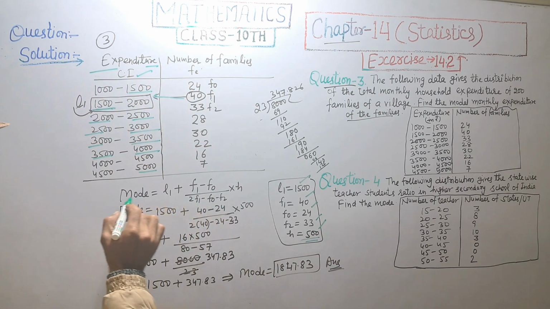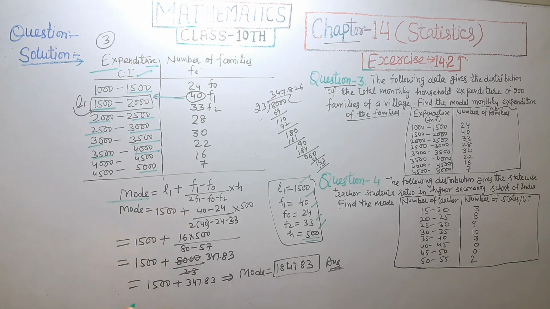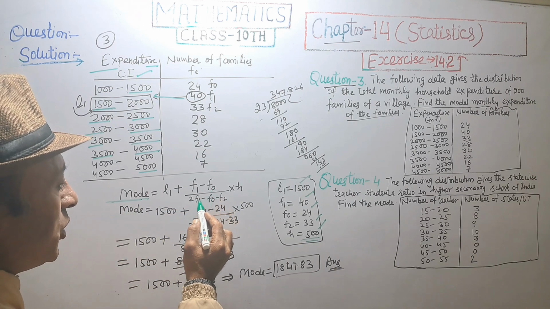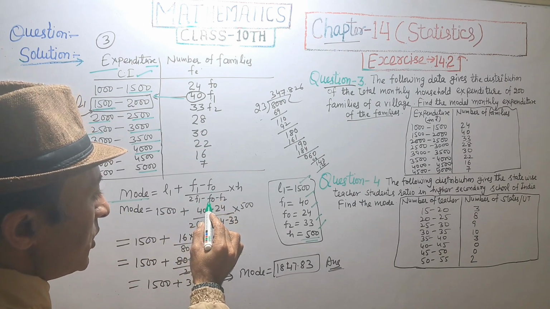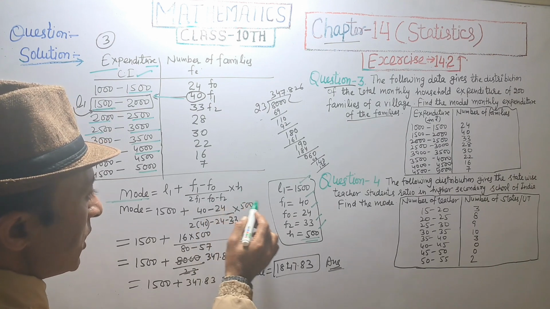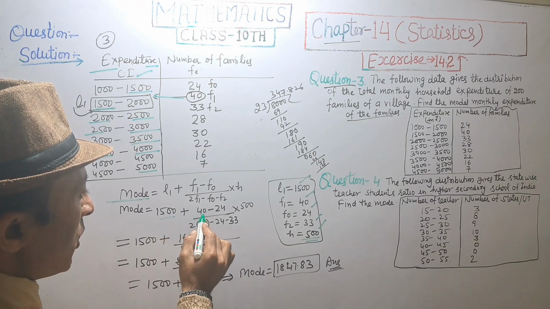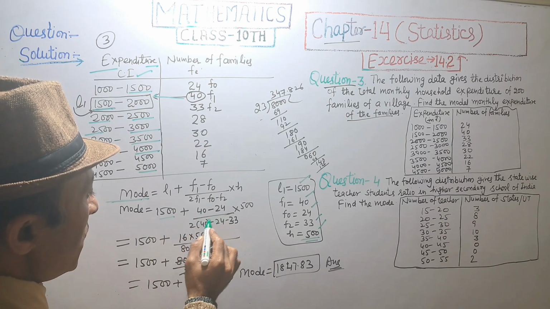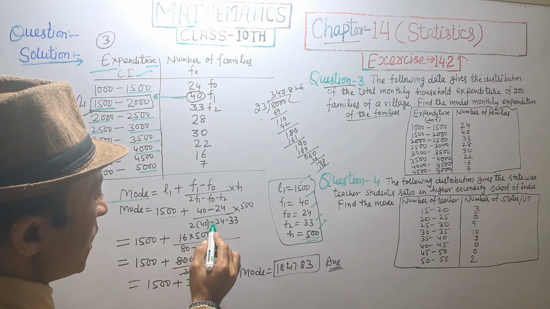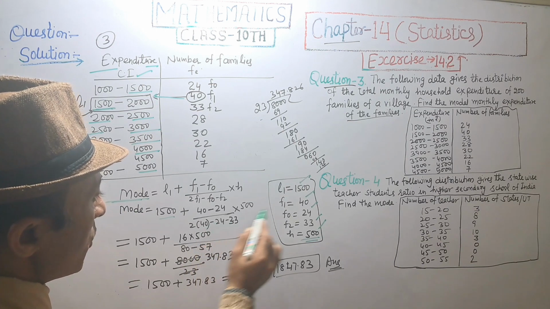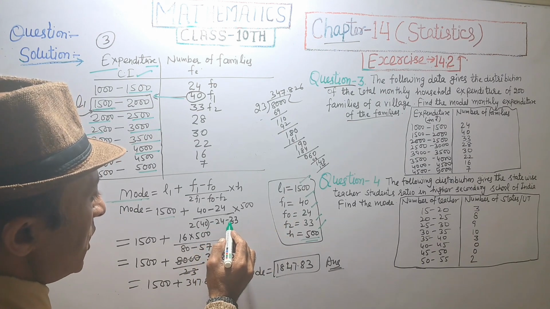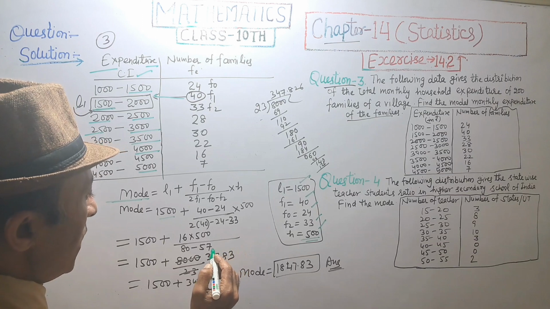So putting the values in this formula, mode equal to L1 plus (F1 minus F0) upon (2 F1 minus F0 minus F2) into H, we get 1500 plus (40 minus 24) divided by (2 into 40 minus 24 minus 33) multiply by 500.